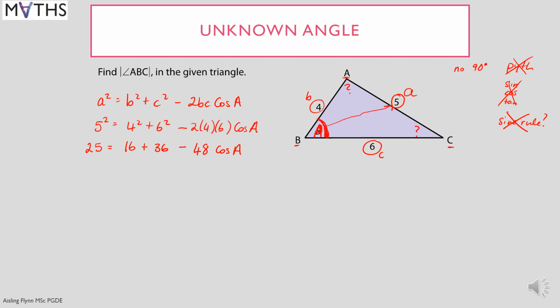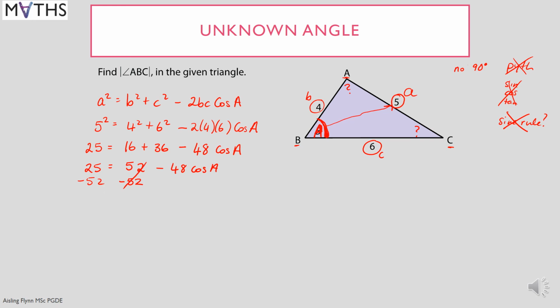cosine A. Alright, now what do we do next? Well, we're solving an equation, so we're going to try and isolate that cosine A. Alright, so that, and then that will allow us to find angle A. So a bit more calculation here. 16 plus 36 is 52 minus 48 cosine A. Right, so we're isolating the cosine A, so I'm going to move this 52 to the other side.